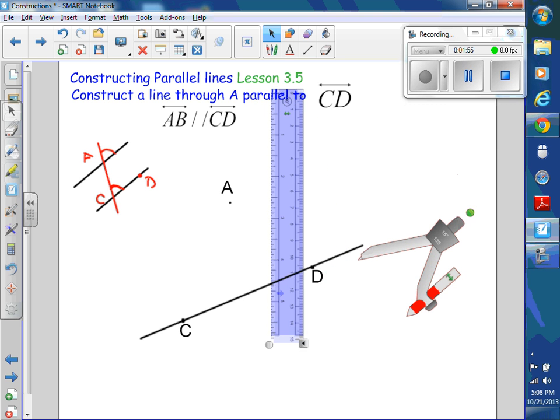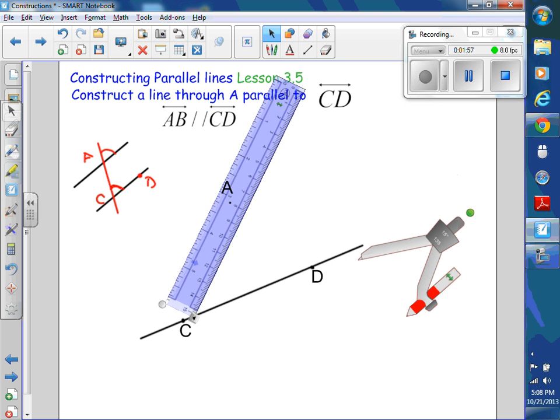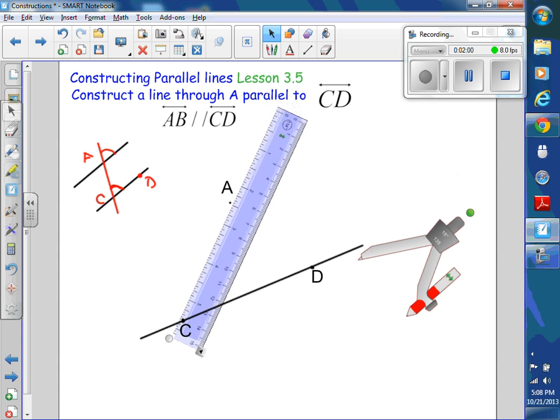So the first step in doing parallel lines is to create a transversal.